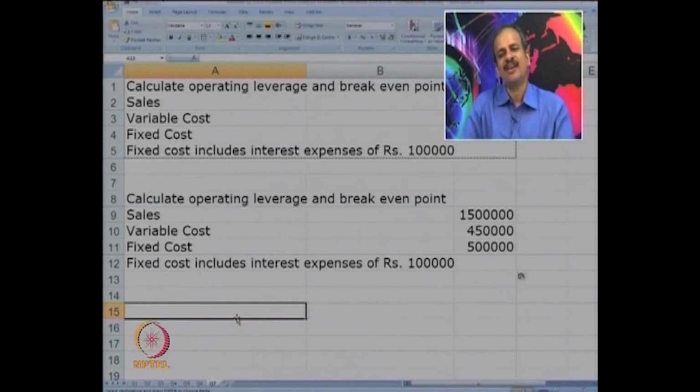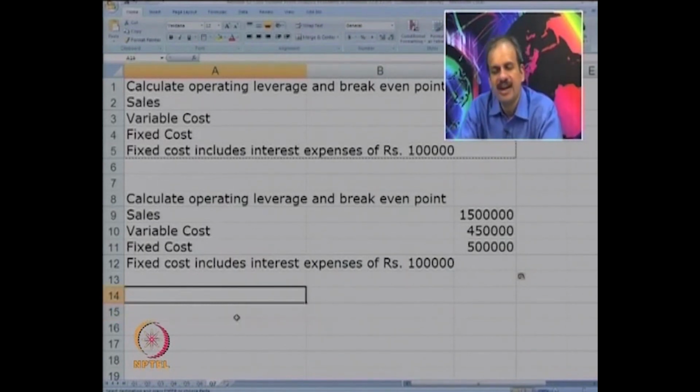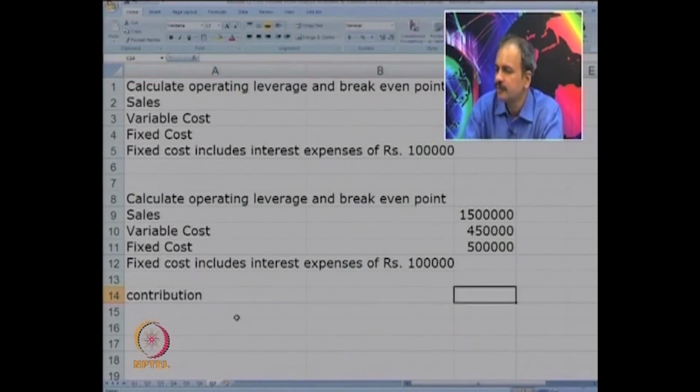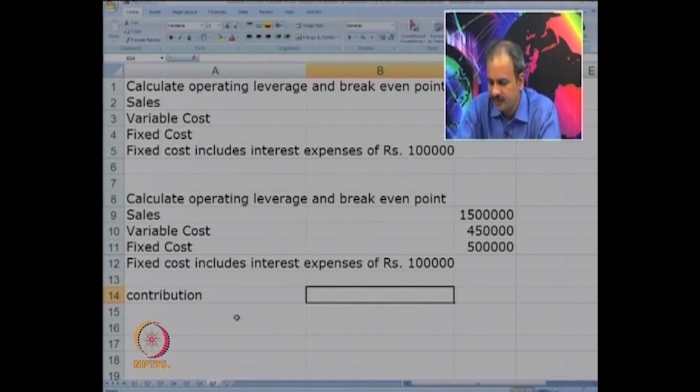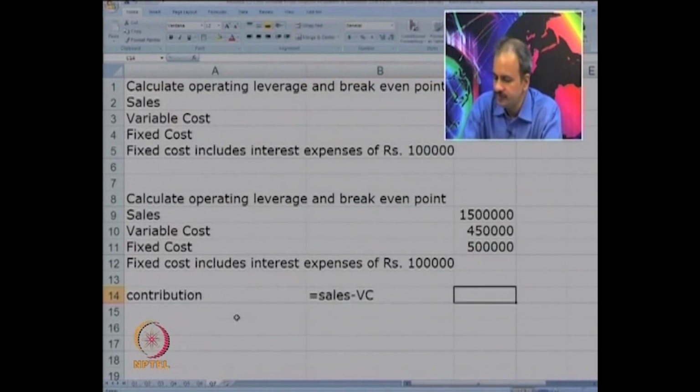So how to go about now? Now it's very clear to you, you know how to calculate. First we'll try to calculate BEP. So we need to know the contribution. What is the formula for contribution? Sales minus VC.